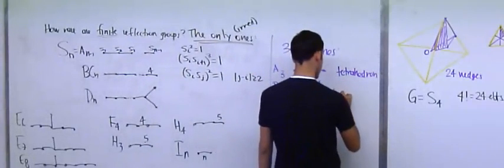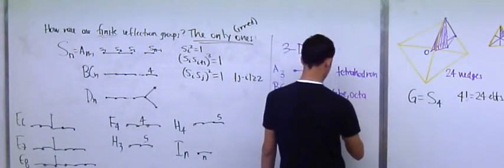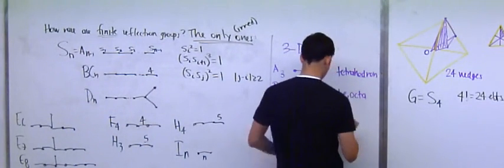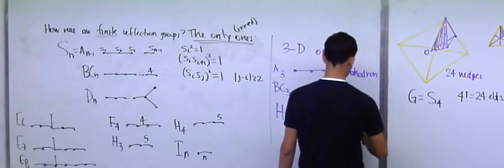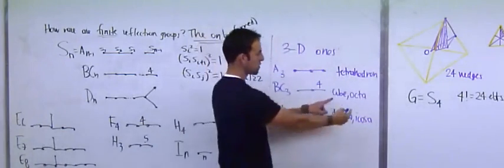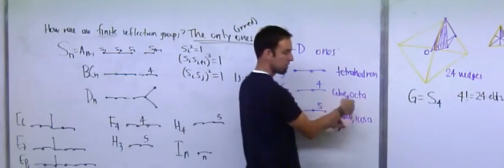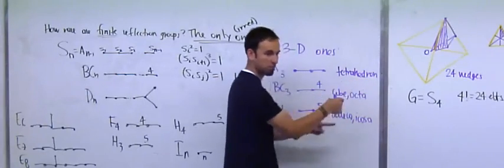They are the cube, the octahedron, the icosahedron, and the dodecahedron. If you know a little bit about polytopes, you know that these 2 are dual to each other, and these 2 are dual to each other. And the tetrahedron is dual to itself.